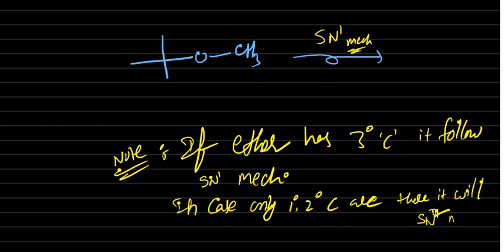Now, what is the product here? It follows the SN1 mechanism, and in SN1 mechanism an intermediate is forming. This is your reactant, and it follows SN1.